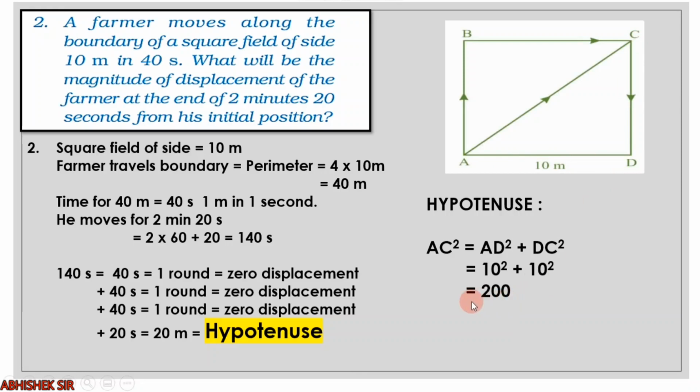AC square is 200. So if you want to find out the displacement AC, you have to take the square root, and that is 10 root 2 meter. Clear? So this was a very nice question, very important for exam purpose, and here we have to apply more common sense than the scientific approach. Clear? So let us go for the next question.